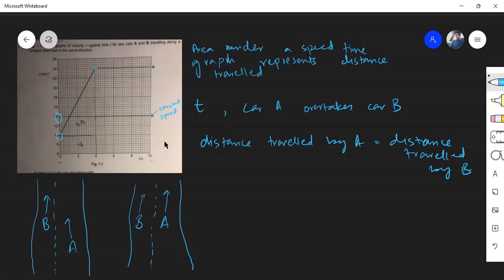Is that because A starts at a slower velocity? It's because the speeds of B and A are different.